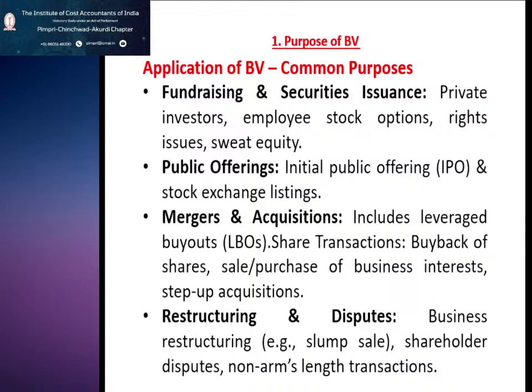Then come public offerings. When an initial public offering, that is IPO, and stock exchange listings are involved, business valuation is applicable.